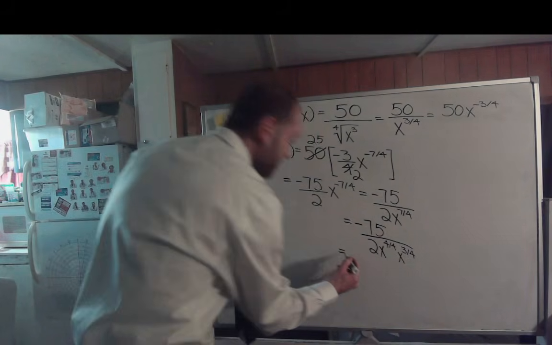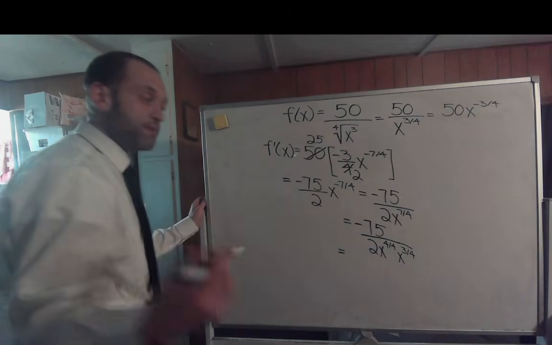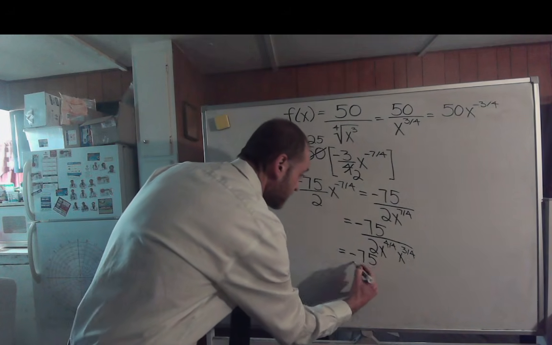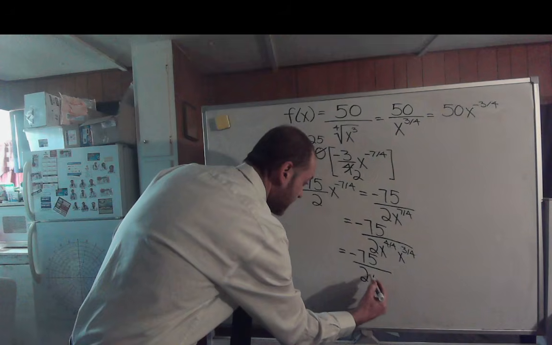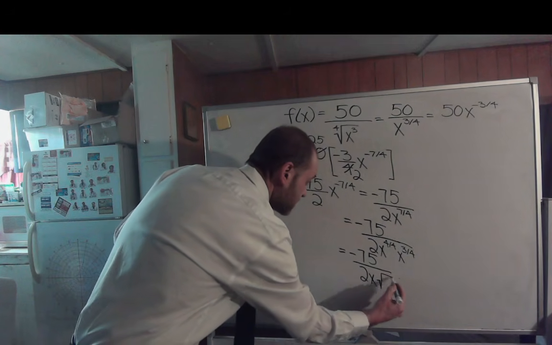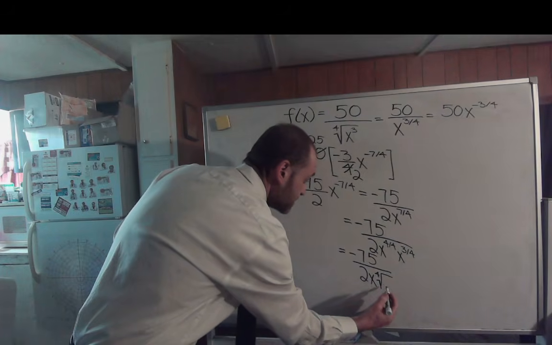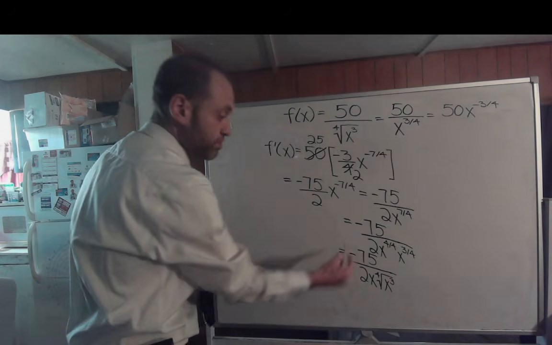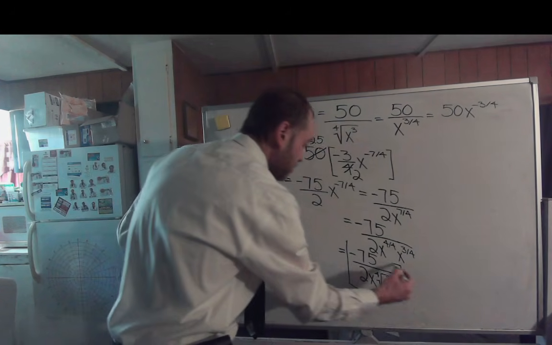If you want to write it in radical form, which some professors may want you to do, this would be negative 75 over 2x times the fourth root of x to the third.